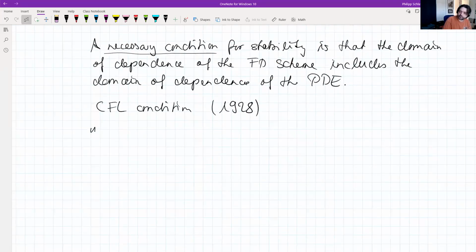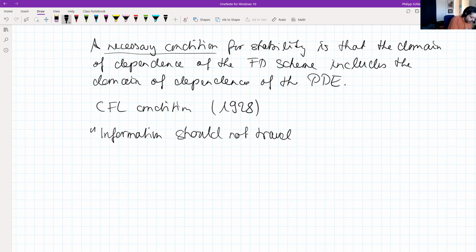Of course, that's true for the one-sided stencils. But it's a good idea which directly relates to a convection speed, which is the slope of the characteristics and the flow of information. So the information or the solution should not travel more than one grid point. That's the sloppy way of describing the CFL condition.